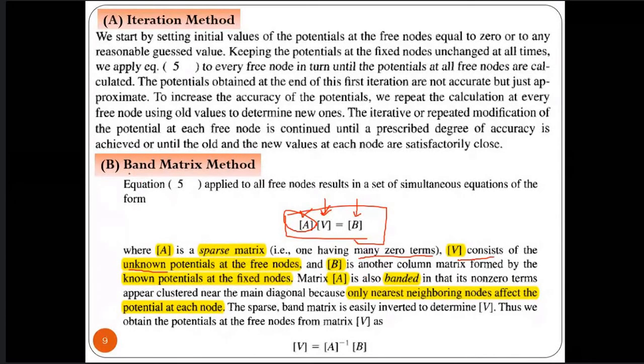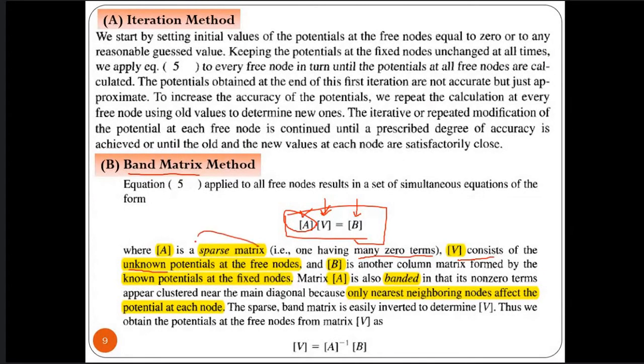Now this particular method is known as the band matrix method. There is some reason why it is called the band matrix method. This matrix A is called banded because, as I have mentioned, it is a sparse matrix with a large number of zero elements. These zero elements are basically clustered near the diagonal line or diagonal elements.